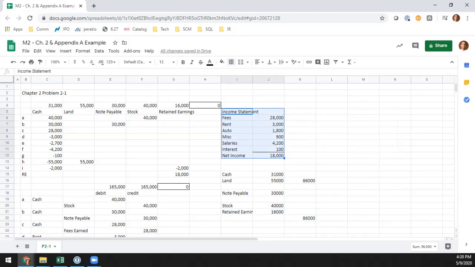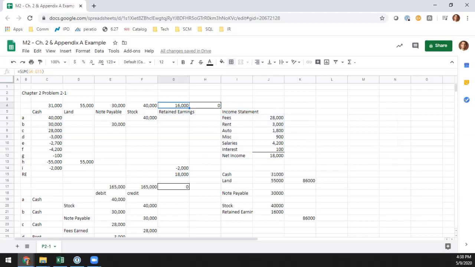In this case, our statement of retained earnings will also be pulled from this and this. So we would have a beginning balance of 0 because we didn't start with anything. We had an increase of $18,000, a decrease of $2,000. So our change to retained earnings would be $16,000.